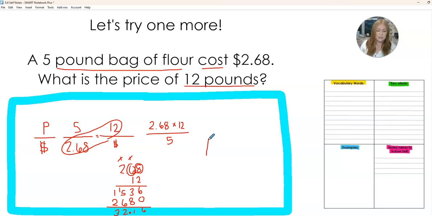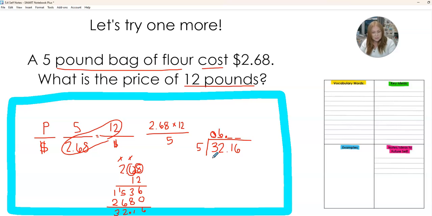So we're taking $32.16, and now we're cutting it into 5 groups. So I need something above the 3, the 2, there's my decimal, the 1, and the 6. So 5 can't go into 3, but it goes into 32 6 times.